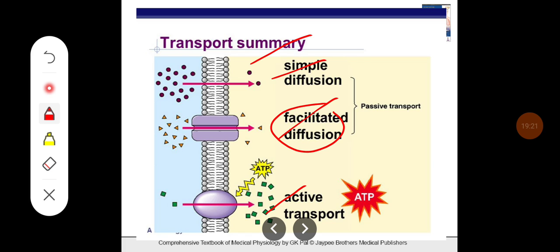In facilitated diffusion, they use a carrier protein and substances are transported from higher concentration to lower concentration, and the transport is faster here. But in active transport, in addition to the carrier molecule, they also utilize ATP, the transport is very rapid, and it can occur from a lower concentration to a higher concentration.